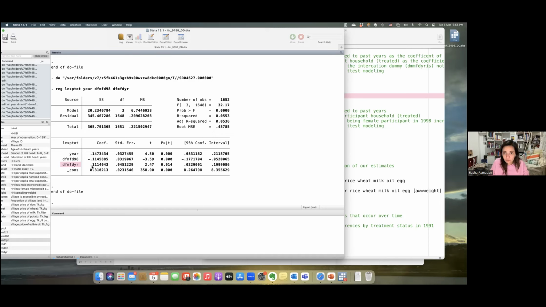Okay, so again, the dummy year just shows you the effect of the year, which is the evolution over time. If it is higher, this means that in all cases you will have higher total expenditure per capita in this year compared to the year of reference. If it is negative, it means the opposite.